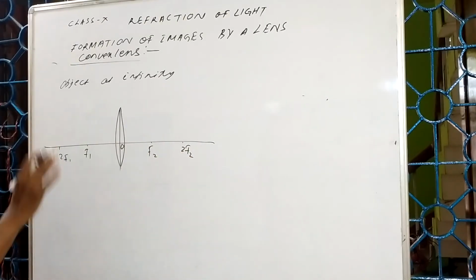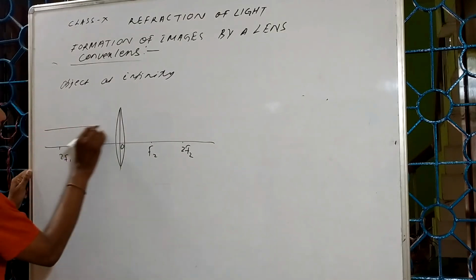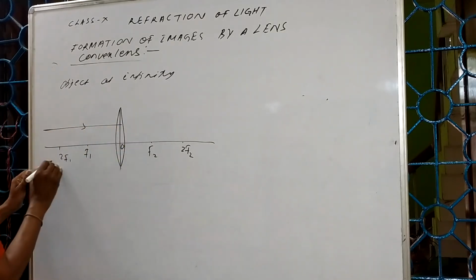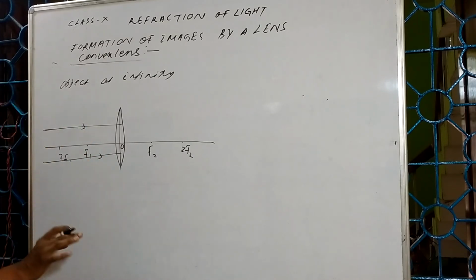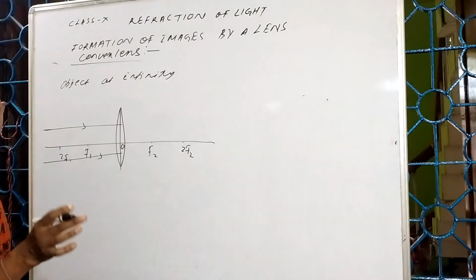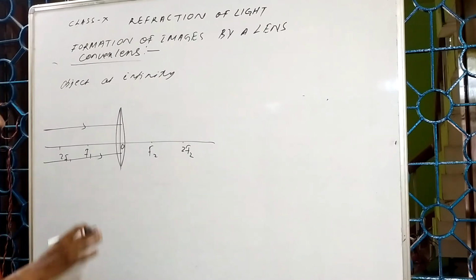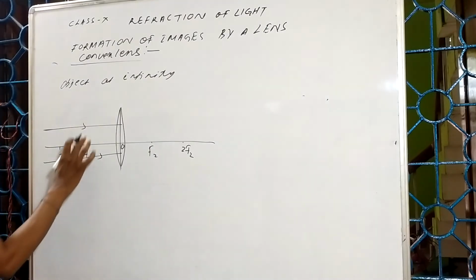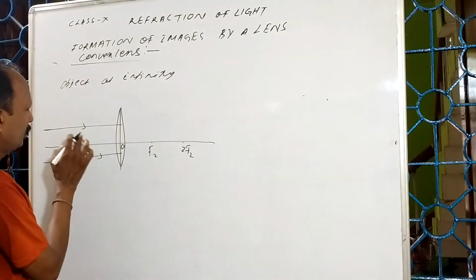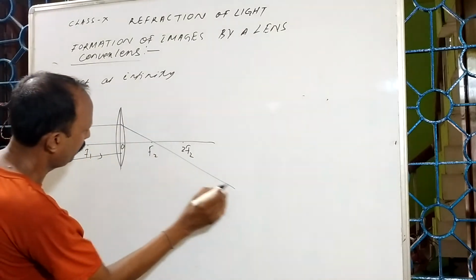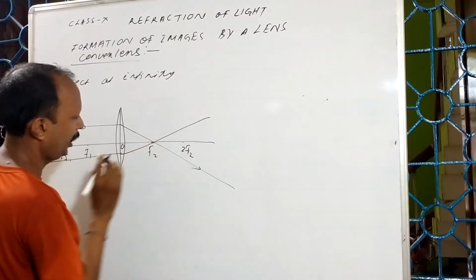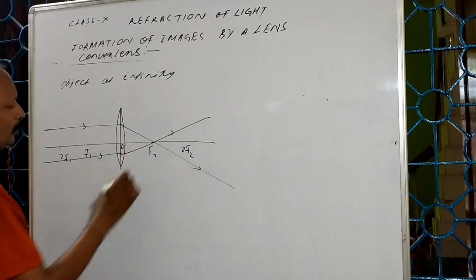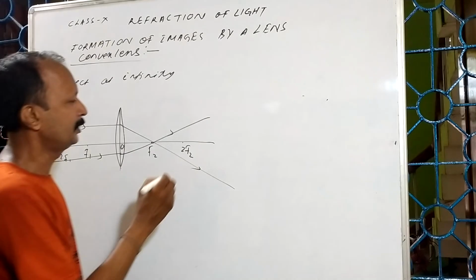Object at infinity, so the light rays come from far away, parallel. It may be parallel to the principal axis, it may not, it does not matter. Those coming from far away are coming parallel. So you know that this parallel ray will refract through f2. Here also it will refract through f2.